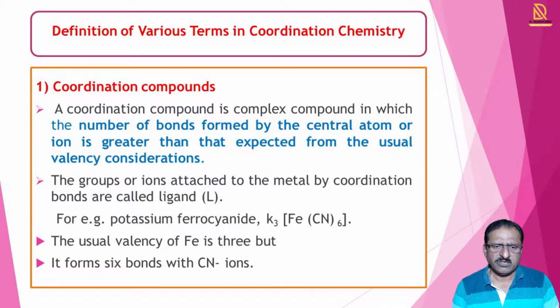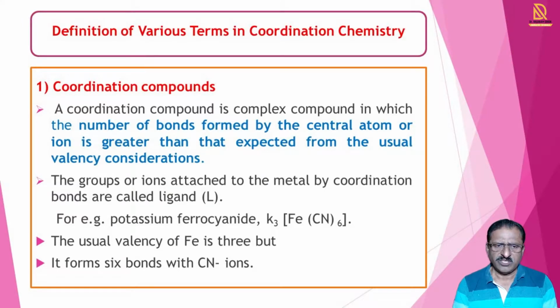To study coordination compounds, we take the example of potassium ferricyanide, K3[Fe(CN)6]. In this K3[Fe(CN)6], the usual valency of Fe is 3, but it forms 6 bonds with CN minus ions.